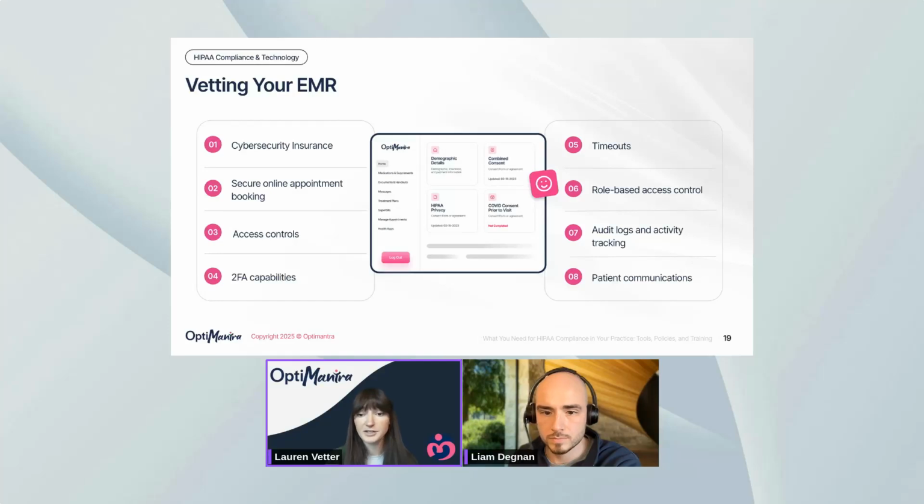Let's look at how your EMR handles timeouts, those access controls, and your patient communications, which we've already touched upon: tools that allow texting, emailing, portal messaging. They need to be built with HIPAA requirements in mind, not just as a convenient add-on. And then the number one point there is don't overlook your cybersecurity insurance requirements.